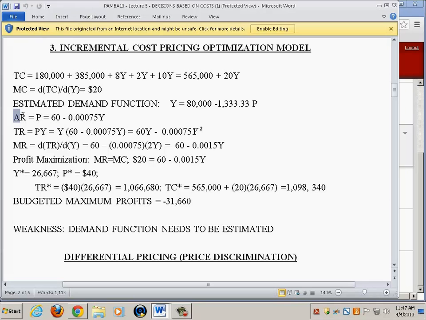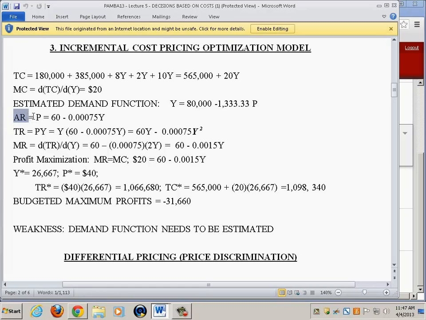We also know that P, the price, is by definition average revenue, because the price that you get is the revenue per unit. It's total revenue divided by the number of units. So price equals AR, where AR stands for average revenue.